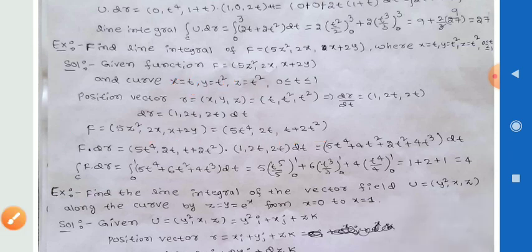Then we have F equal to (5t^4, 2t, t + 2t^2).